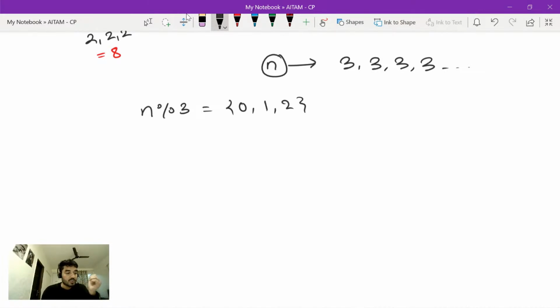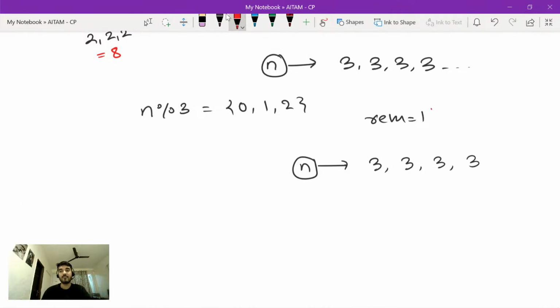So if it is equal to 0, then we can't do anything, because n is completely divisible by 3. What if it is equal to 1? So what if the remainder is equal to 1? Let's say we have 4 chunks of 3, and then we are left with a remainder of 1.